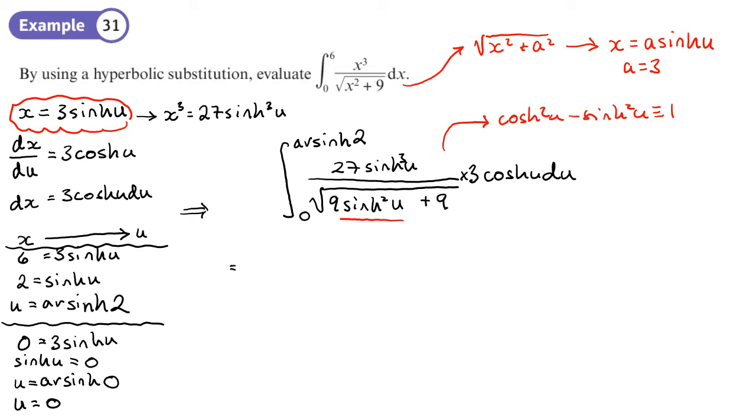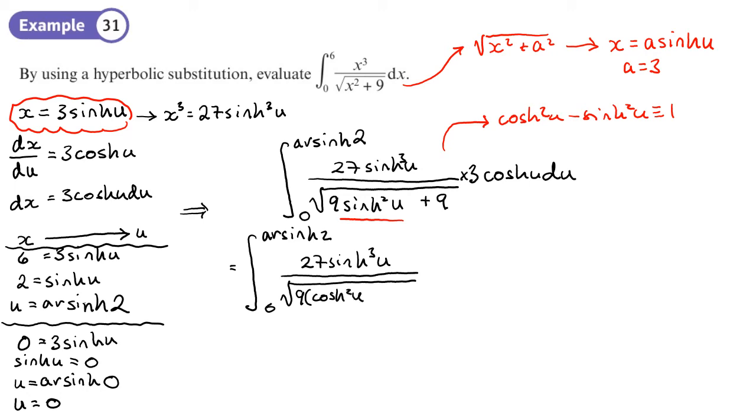I've still got arcsinh 2 here, 0 here, then 27 sinh cubed u over the square root of 9 lots of cosh squared u minus 1, plus 9, times the 3 cosh u du.